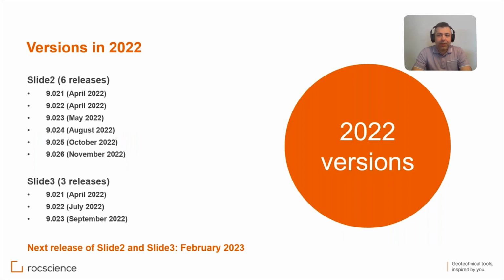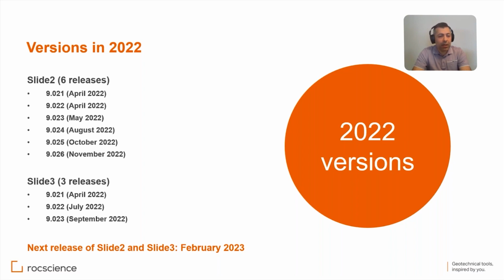In this webinar today, we're going to talk about the major features that we developed in the Slide2 and Slide3 software in the year of 2022. Here is just a report of the versions that we released for both software. Slide2, we released 3 major updates with 3 minor updates.